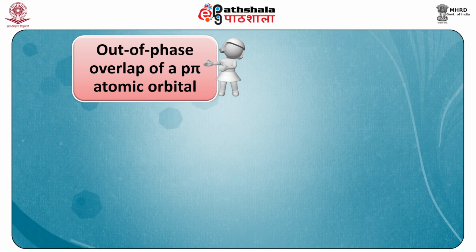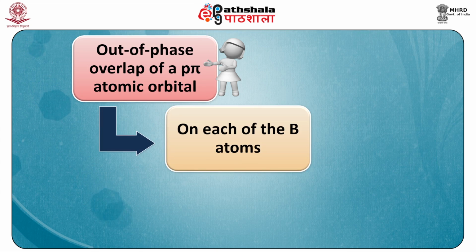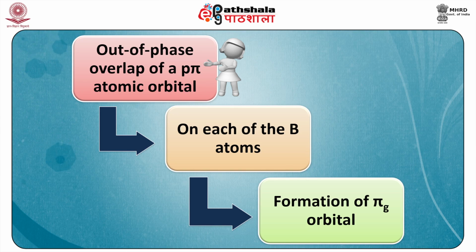The out-of-phase overlap of a p pi atomic orbital on each of the B atoms will result in the formation of pi g orbital, which has zero amplitude at the central atom, being localized entirely on the B atoms. Further, it is two-fold degenerate, weakly BB antibonding and AB non-bonding.